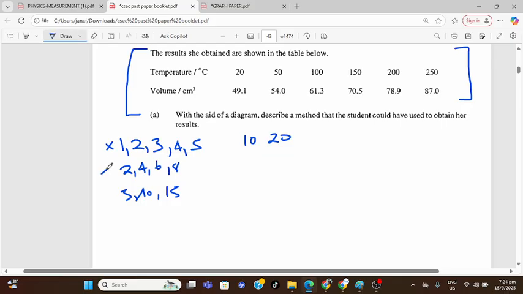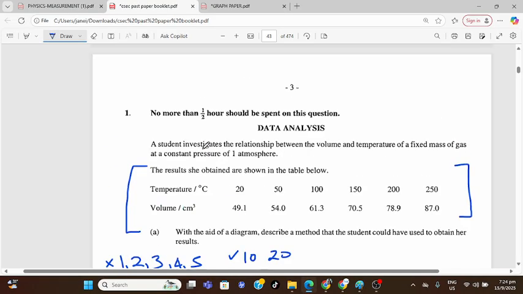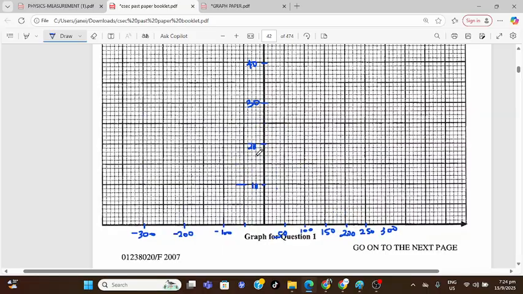So I cannot pick that. 5, 10, 15, 20 is too small. So I can use 10, 20, 30, and that's why I picked 20. That's why I put 10, 20, 30, 40. I did not have to worry about my x-axis because the question told me exactly: every division, which is every 1 centimeter, put 50. And that's exactly what I did.